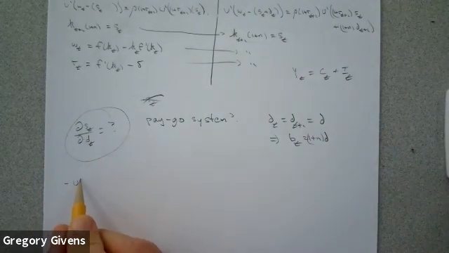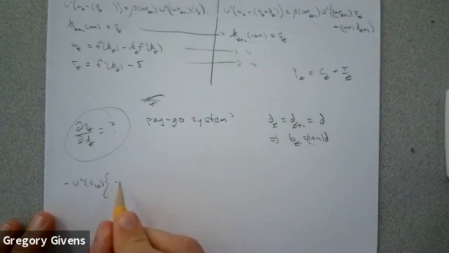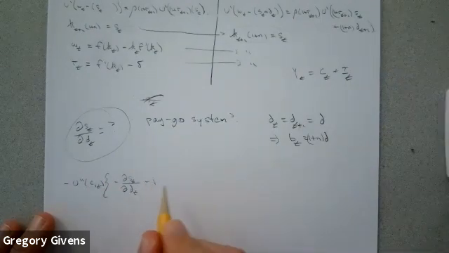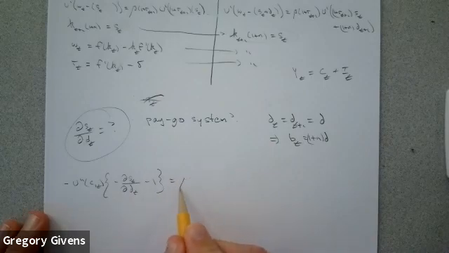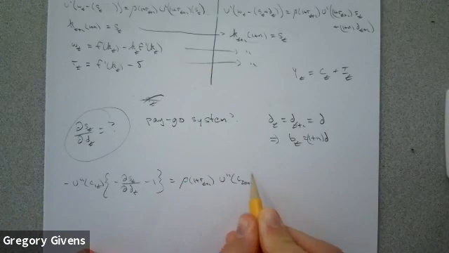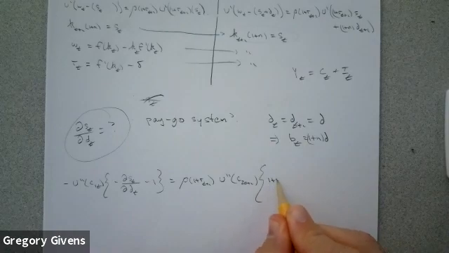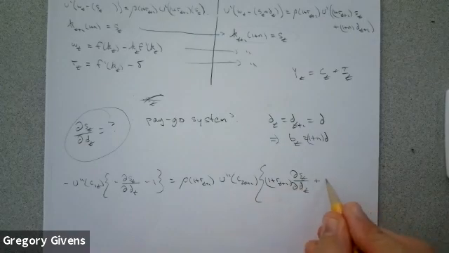Negative U double prime of C_{1t} times the partial of S with respect to D minus 1 is equal to beta times 1 plus R times U double prime of C_{2t+1} times 1 plus R_{t+1} times the partial of S with respect to D plus 1 plus N.